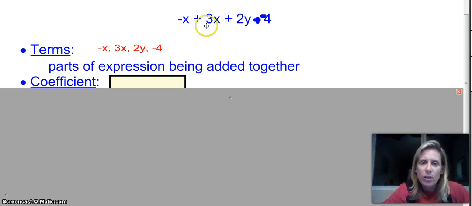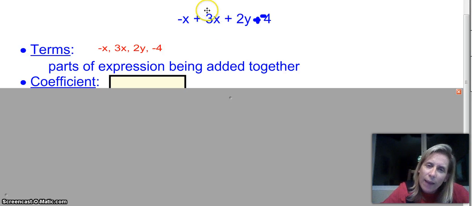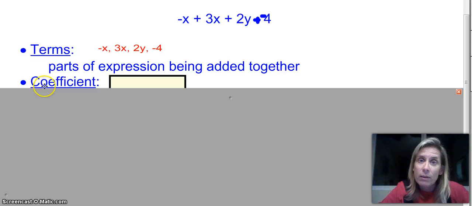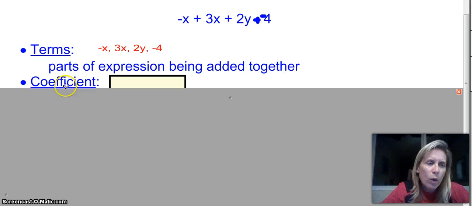Good, multiplication. So when you have a little term like that, 3x, we know that there's a sharing. Like co-captains of a soccer team, they share the job of captain, right? Well, a coefficient is a number that is sharing the term, sharing a variable.